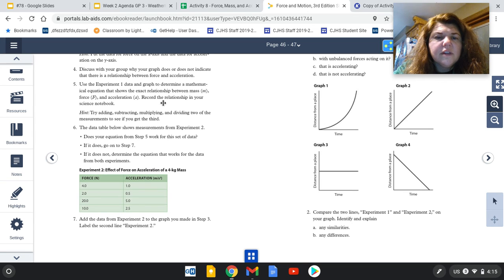It says record the relationships in your science notebook, so you can actually just record it on your paper there. So try to add, subtract, multiply, divide two of the measurements to see if you can get a third measurement.